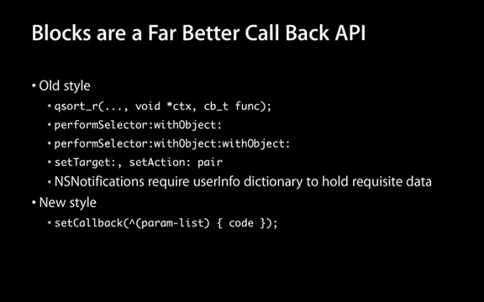You just set the callback. Every subsystem provides its own set callback API, but it takes a block. And you put the code in there that you want it to do, and you're done. It's nice. It's good. A key thing about this is that blocks are a C language extension, and so Objective-C gets to do it, C++ gets to do it, Objective-C++ gets to do it.